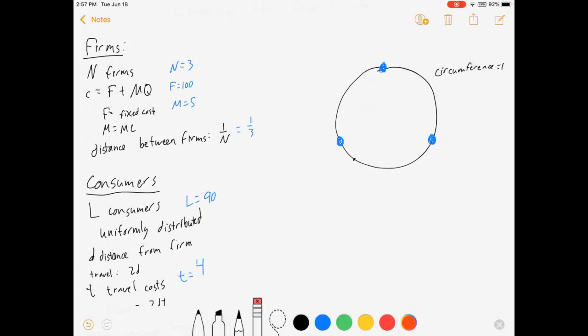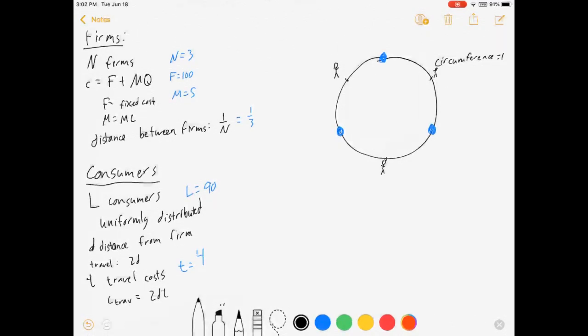So let's talk about these consumers real quick. Specifically, who's going to go to which firm? I want to talk about these consumers here that are equally spaced between the firms. Now these 3 consumers equally placed around the circle, anyone that is between this consumer and this firm will go to that firm.